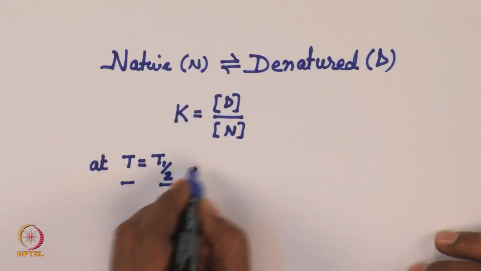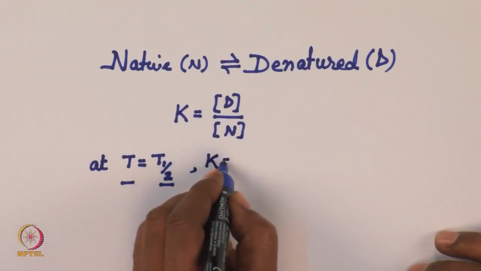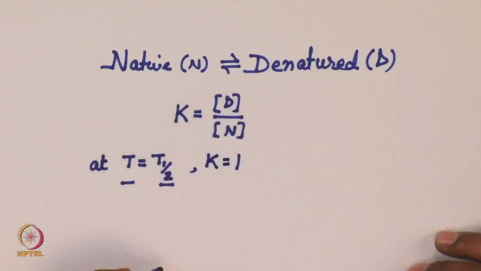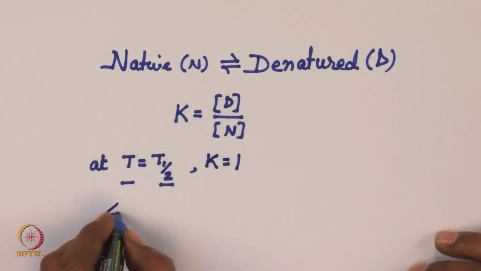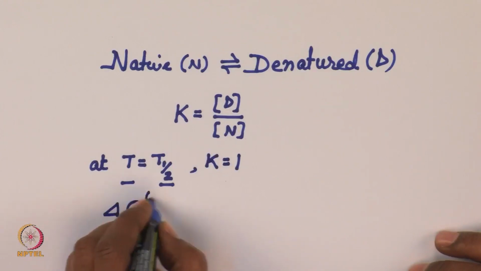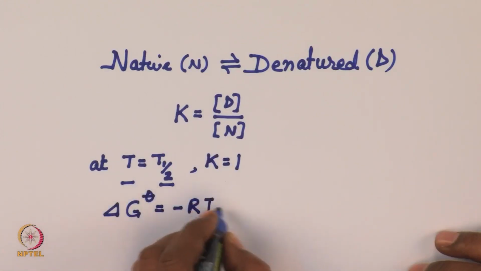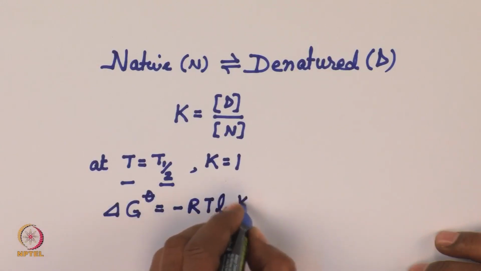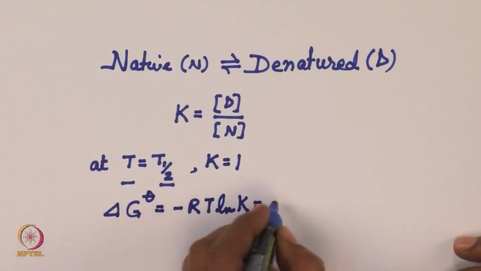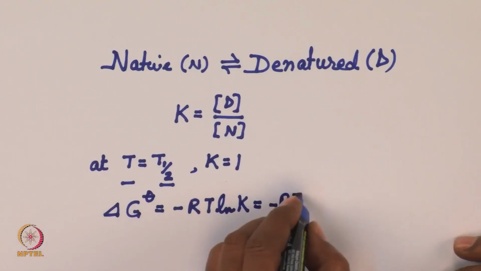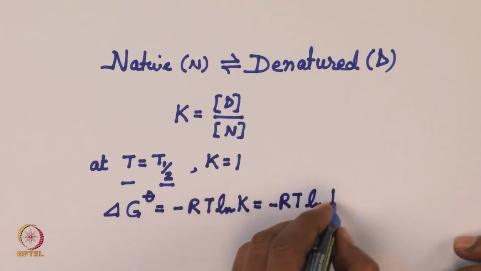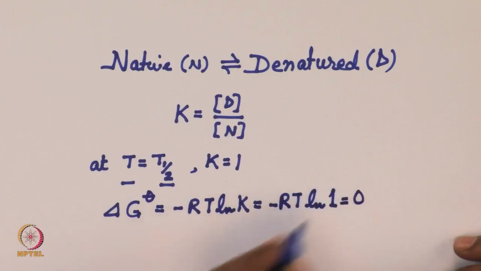At T equal to T half, K will be equal to 1, because both these concentrations will be the same, and delta G naught, which is equal to minus R T log K, will be equal to minus R T log 1. Log 1 is always 0. We get that delta G naught is equal to 0.